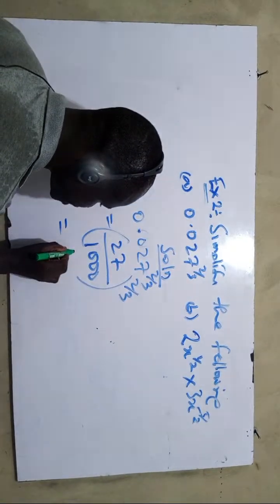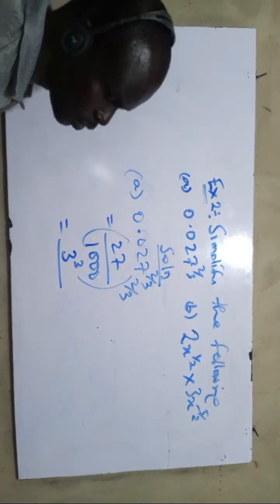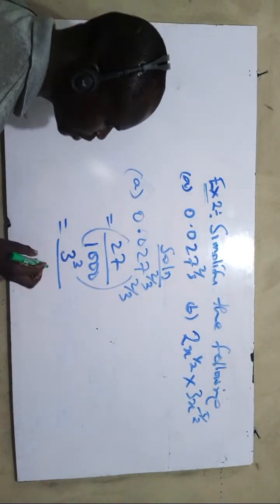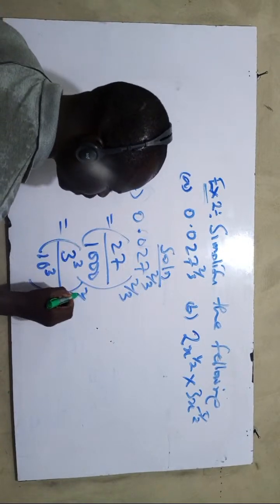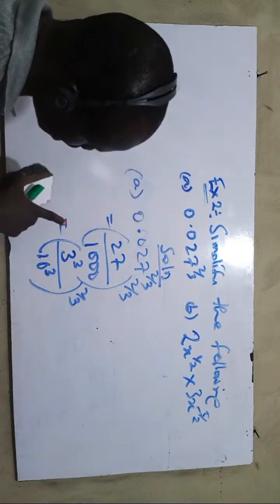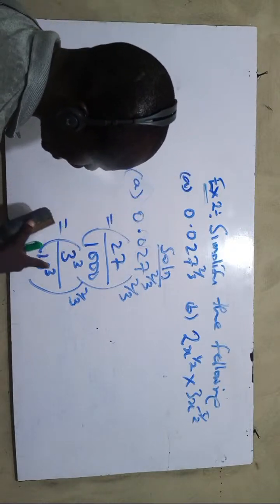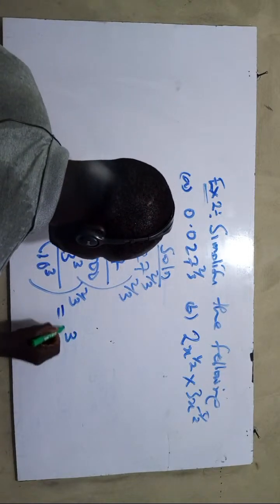So I will change that 27 to 3 raised to power 3, divided by the denominator, 1,000, which is 10 raised to power 3. If the power at the numerator is 3 and the denominator is also 3, we can express this as just 3 all over 10.